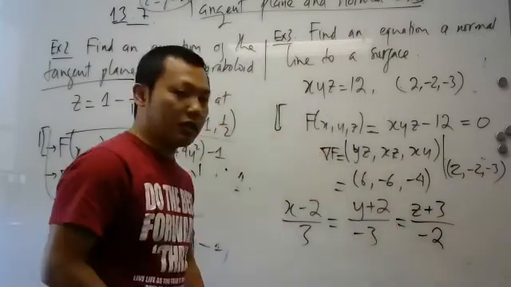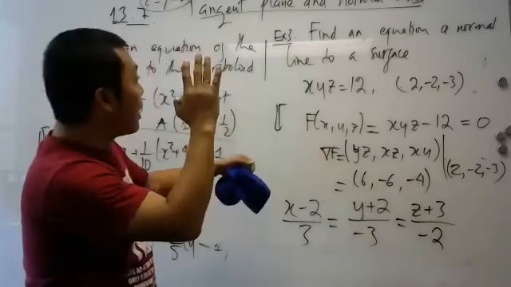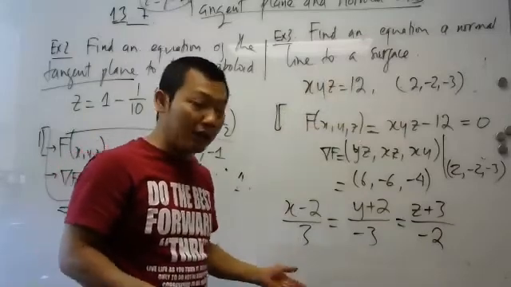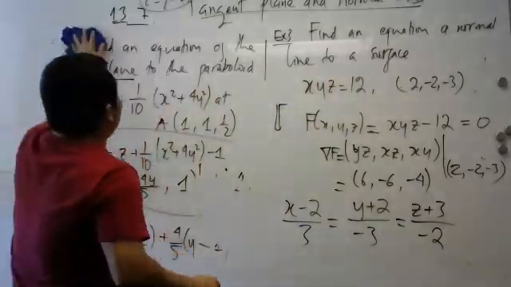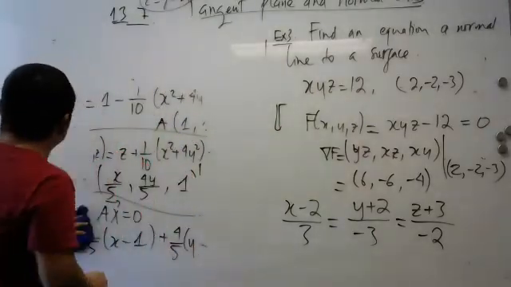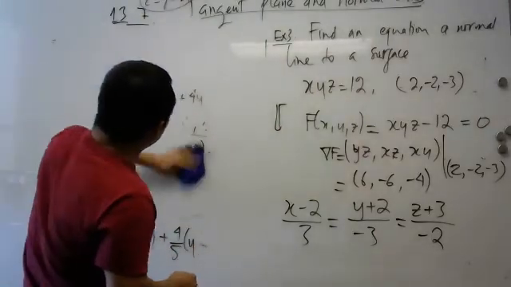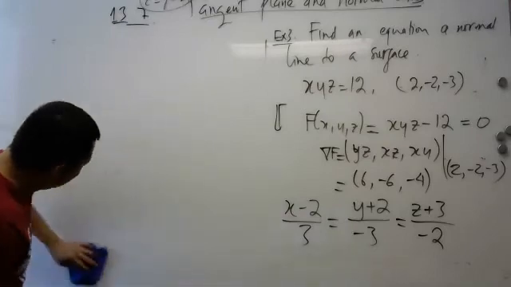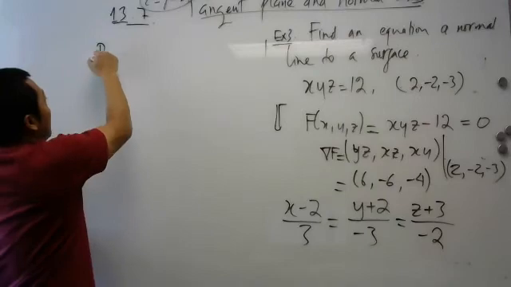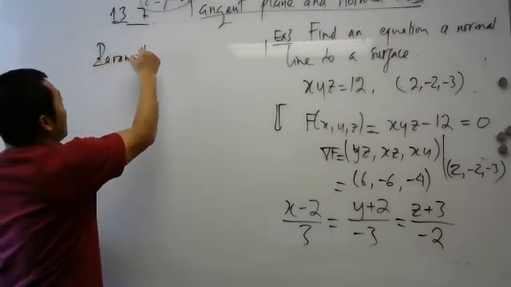So that is the equation of the normal line to the surface at this point in the canonical form. Okay, we can write it in the parameterized form. So I will parameterize.